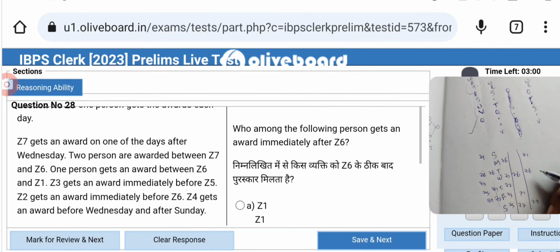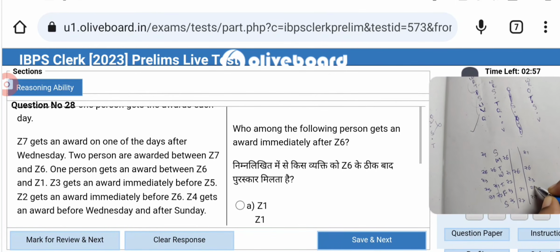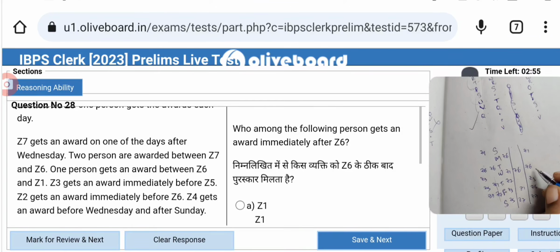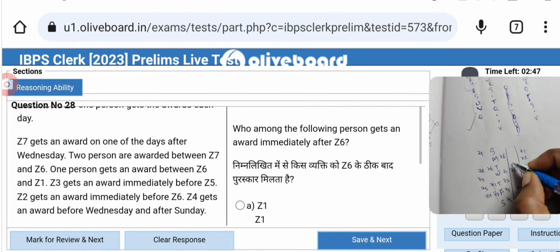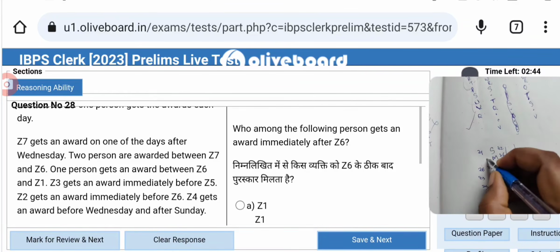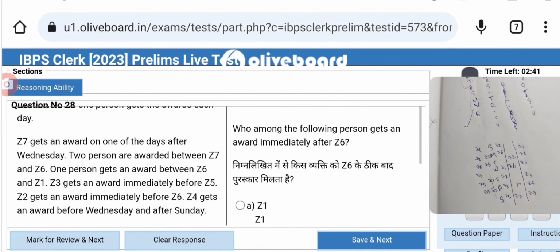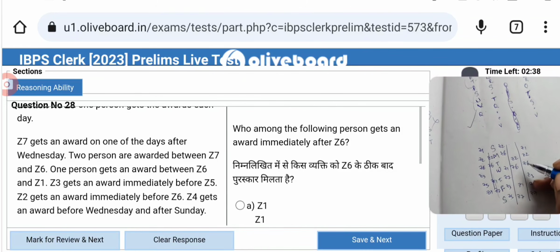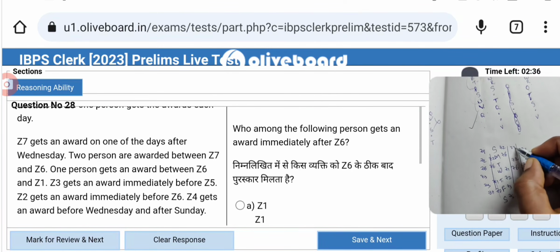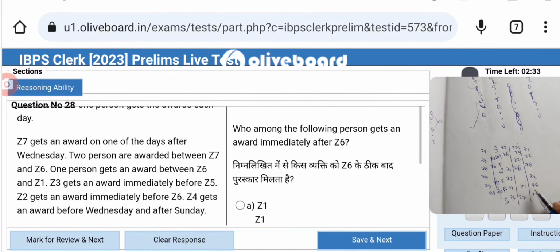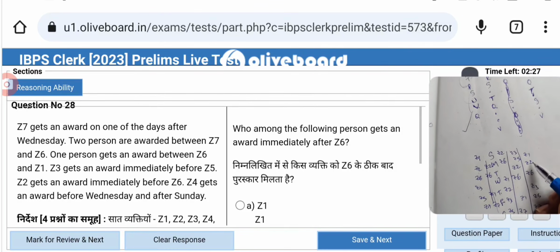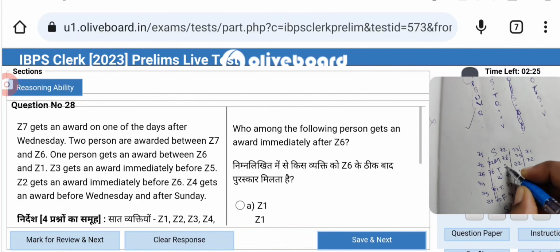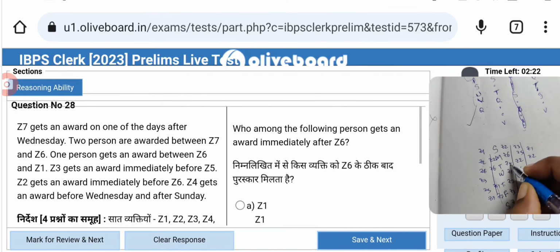Z2 avoids being immediately before Z6. Z4 avoids being before Wednesday, after Sunday. Z4.